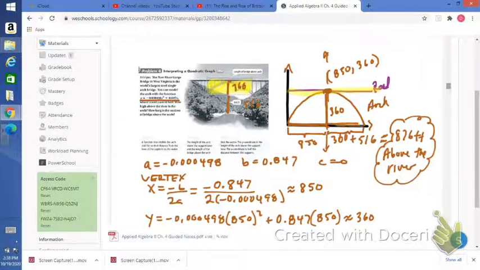Well, add another 850 and you're going to get the total length of the bridge above the arch. So 850 plus 850, that's going to equal 1,700, and we're in feet. So we have a 1,700 foot long bridge over the arch. We can just leave it like that.